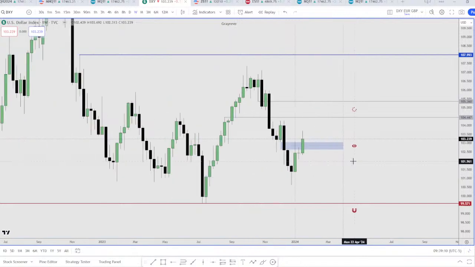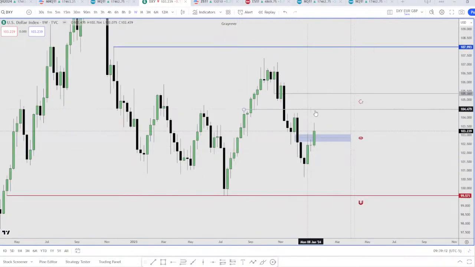So my thoughts on dollar is that it's going to offer an OTE entry into this yearly fair value gap down here, and if we were to do that, we're gonna have a really easy time for indices to rally, because if dollar is coming down, it's more likely the indices is going to come down.